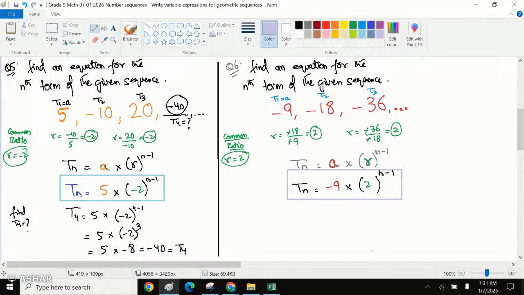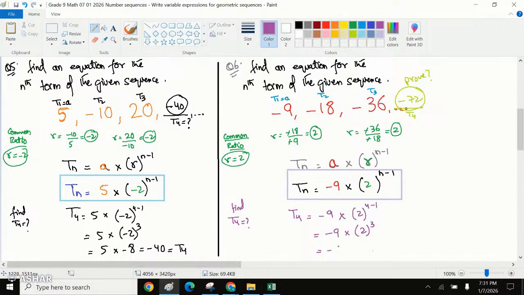We already guessed that term number 4 should be -72. Let's prove this, okay? So if we say find term number 4, can we replace n by 4? -9 multiplied by 2 to the power 4 minus 1, so -9 into 2 exponential 3.